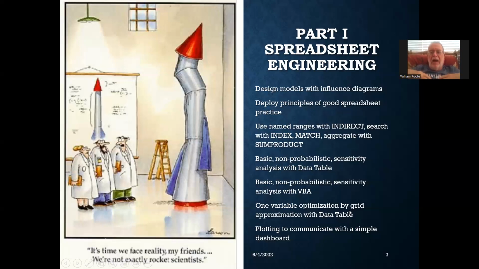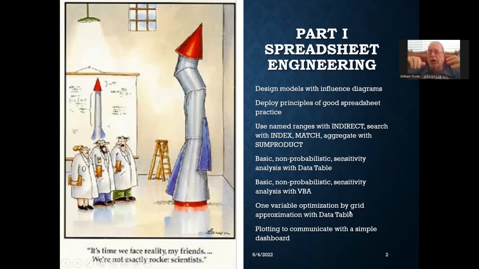But in math, if we see a curve and we see the top of the curve, we say an optimum. So, anyways, careful of the terminology. There's also a third part called simulation, which is really probably the most important part of the course, but it presupposes the other 2 parts, optimization and spreadsheet engineering, that we're doing.